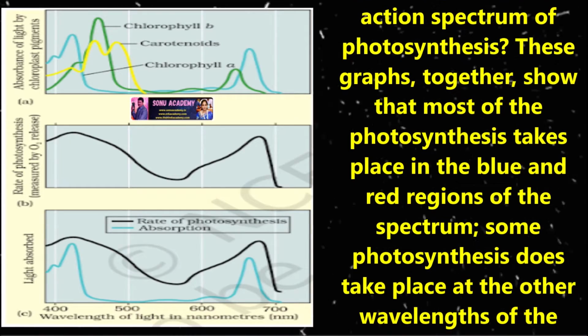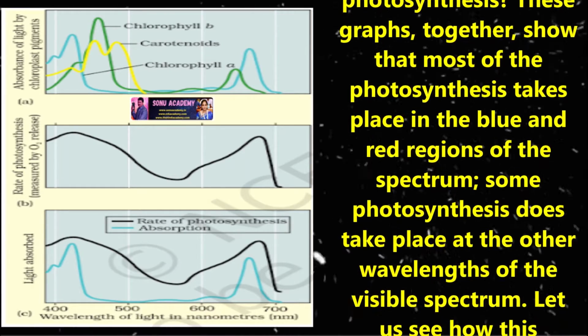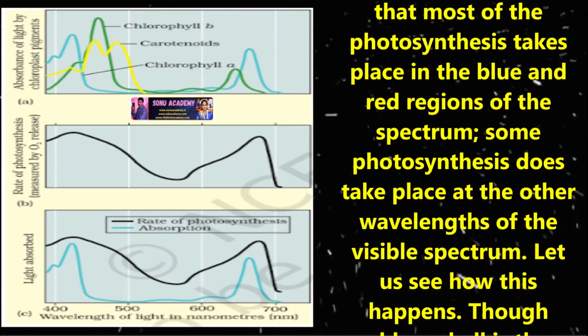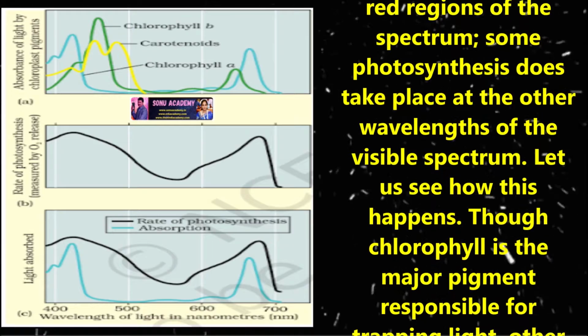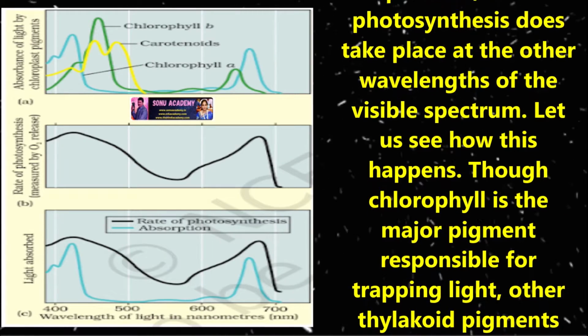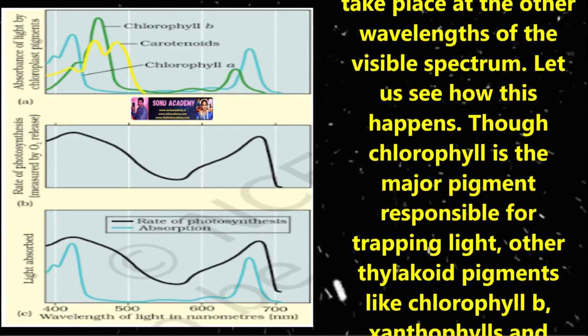Children, these graphs together show that most of the photosynthesis takes place in the blue and red regions of the spectrum. Some photosynthesis also takes place at the other wavelengths of the visible spectrum. Let us see how this happens.